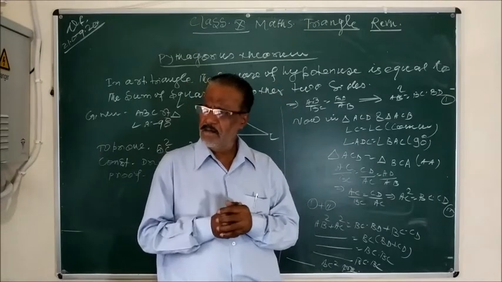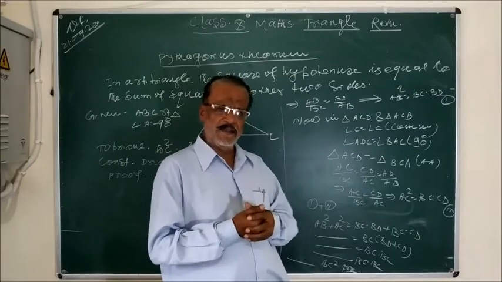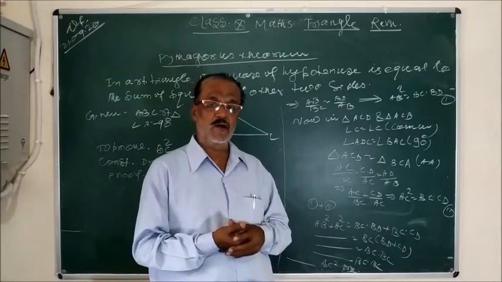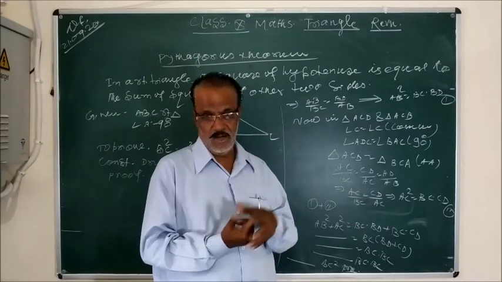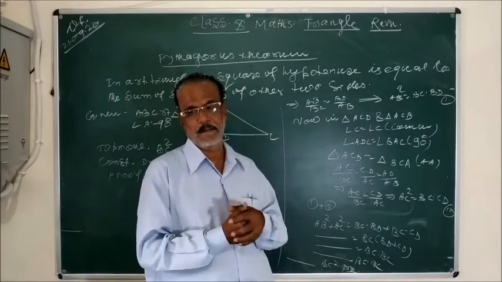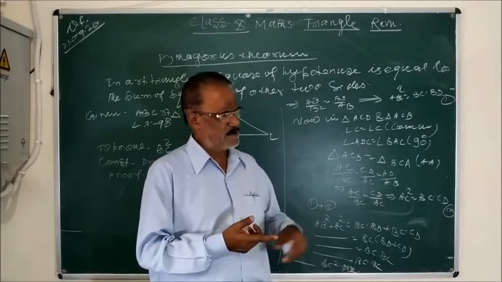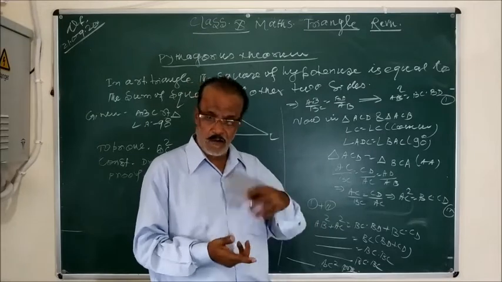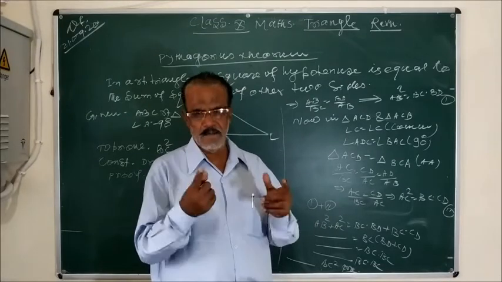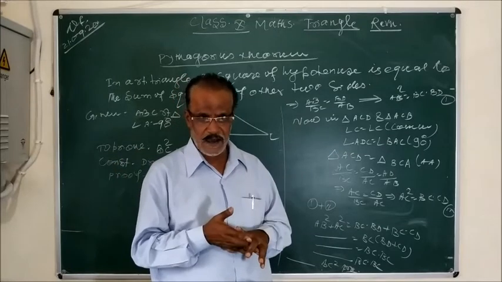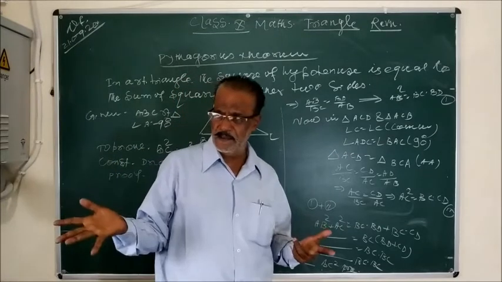Following that, how can we distinguish base and perpendicular? My dear, there is no clear-cut instruction which is base and which is perpendicular. But you should understand the sides which form the right angle are base and perpendicular. So that is not definite which side is base.